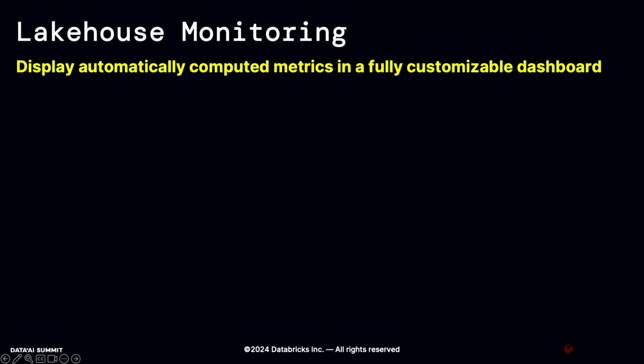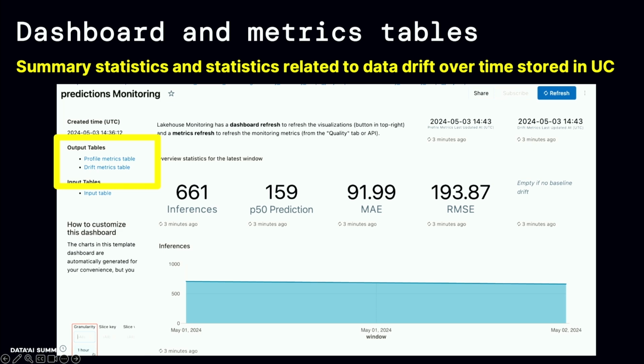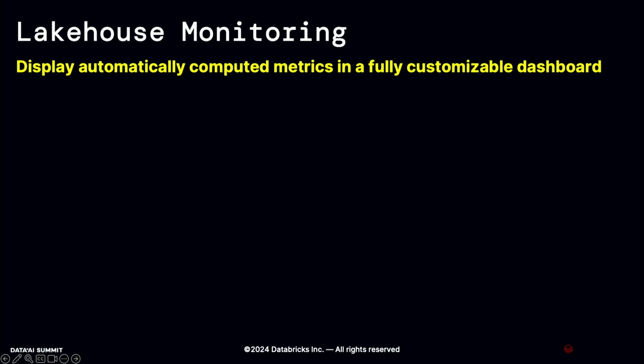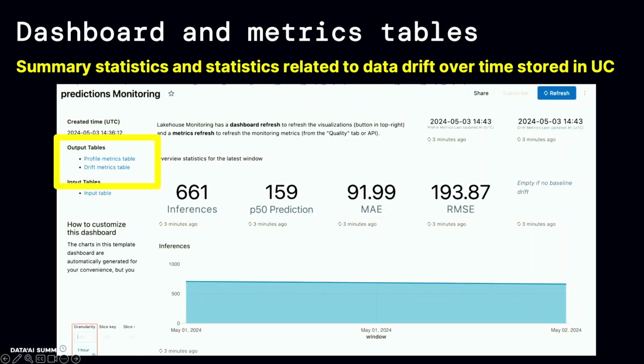And so when you do this, what's going to appear, I don't think the GIFs are appearing, okay, there was supposed to be a GIF here, basically that shows the dashboard that appears. You can see some automatically computed metrics in a fully customizable dashboard that looks a bit like this.